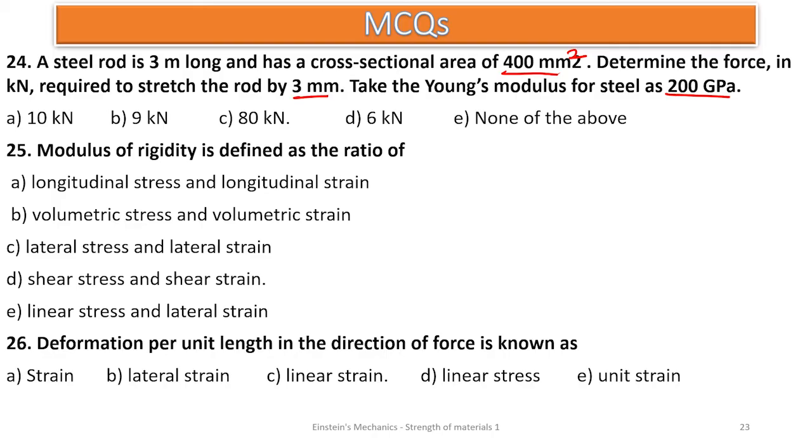We have some parameters given: area, length, and other parameters. So elongation produced is the force times the length on area multiplying what? The Young modulus.